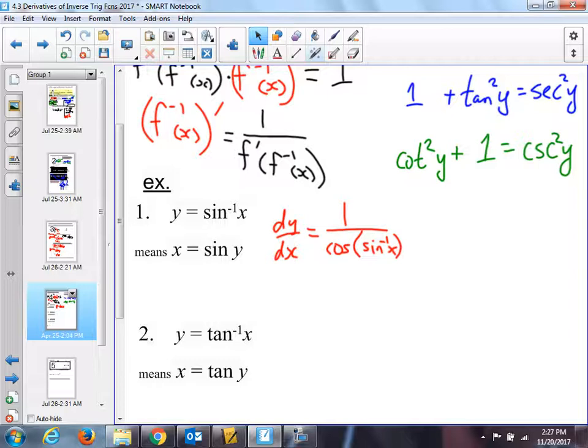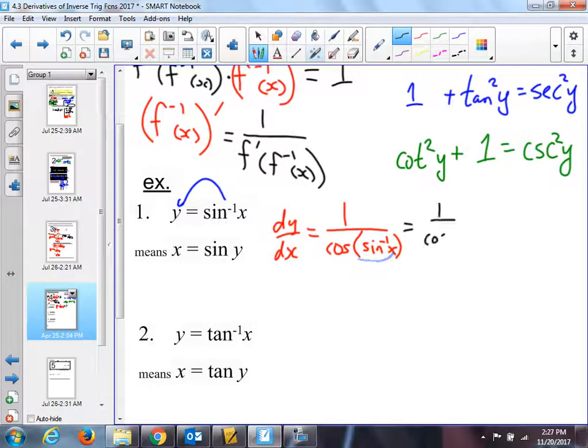Well, don't we know that, what is this? It's also y. Let's make this, maybe that would be helpful. Okay. Well then, if this is the case, and we know the Pythagorean identity, cos squared y plus sine squared y is equal to 1, let's get this in terms of sine.